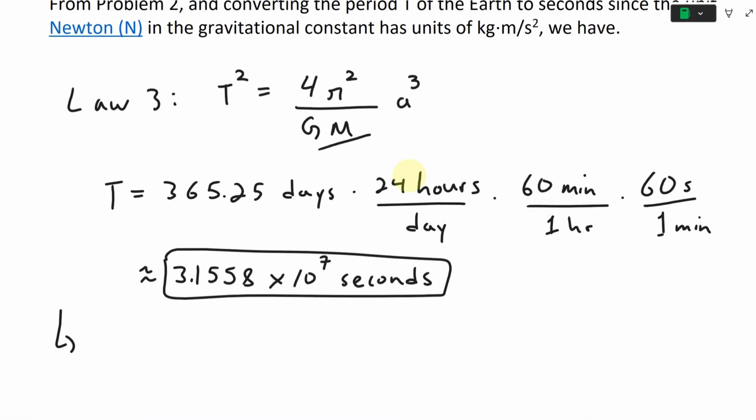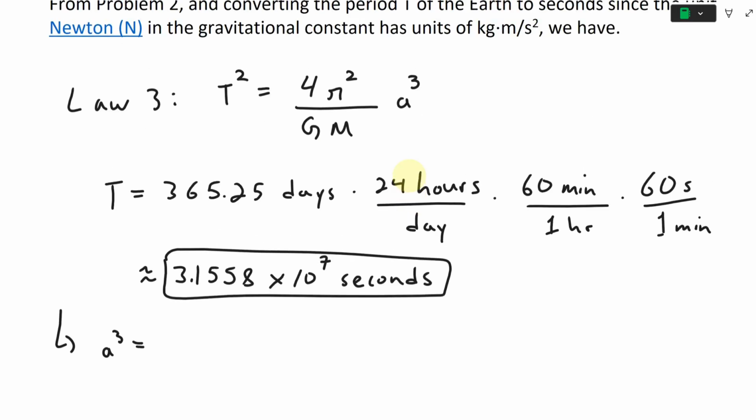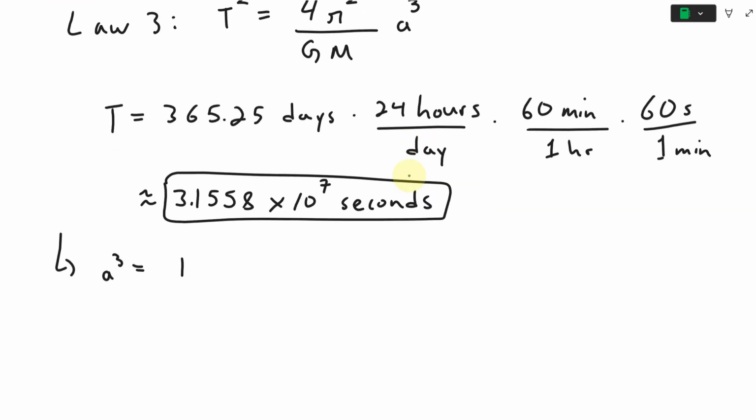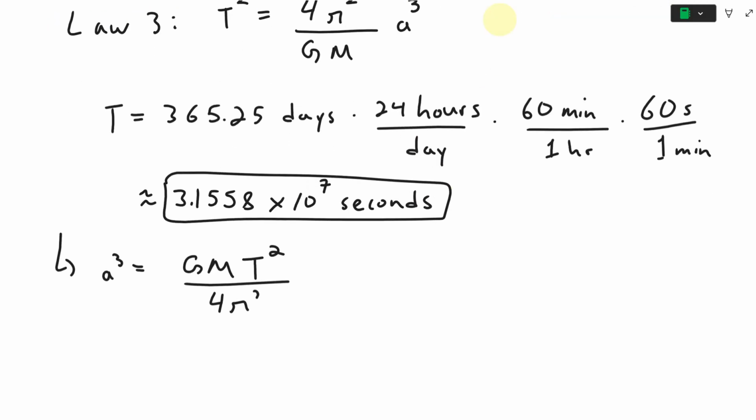So we move everything over to the other side, and we get a cubed is equal to GM times T squared, divided by 4 pi squared. All right, so that's what we have.